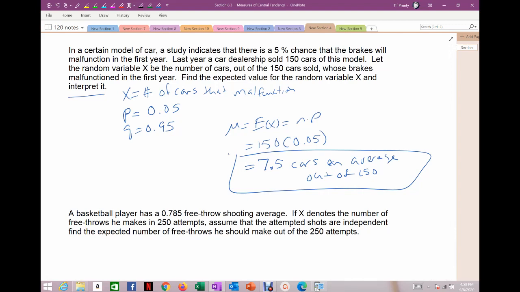Some of them would have less than 7 malfunction. Some of them would have more than 7 malfunction. On average, 7.5 will malfunction. So again, on average, they would expect 7.5 cars to malfunction.